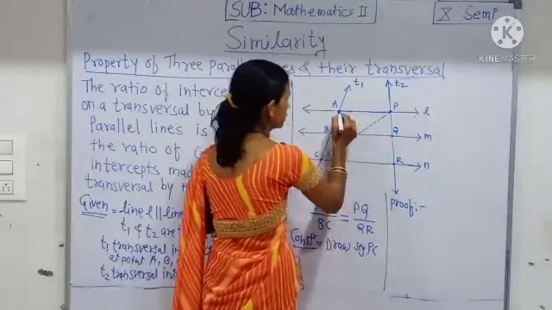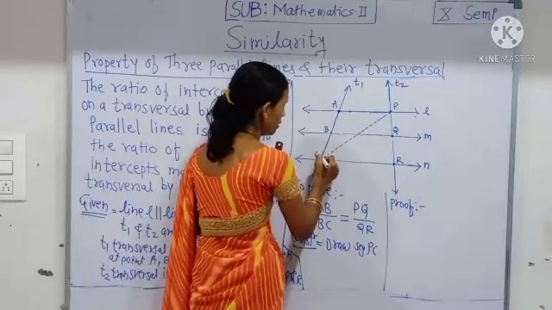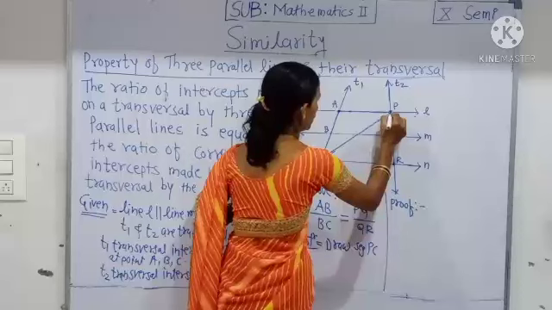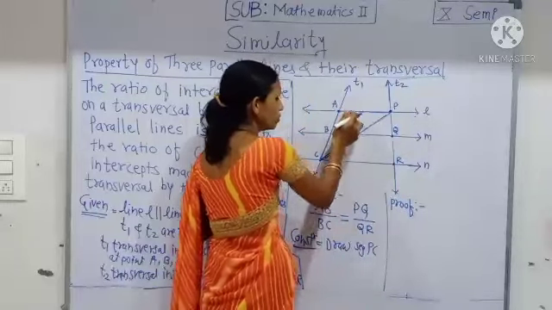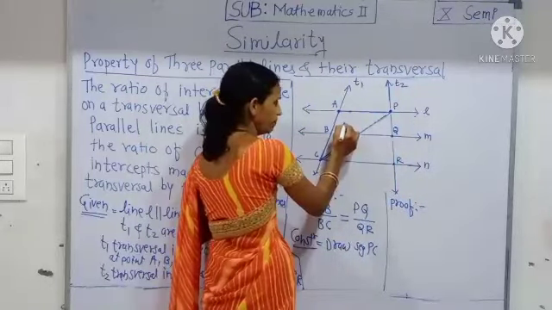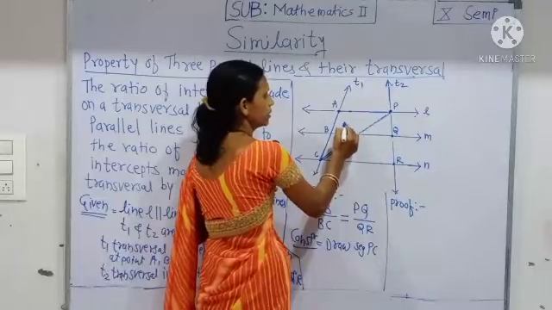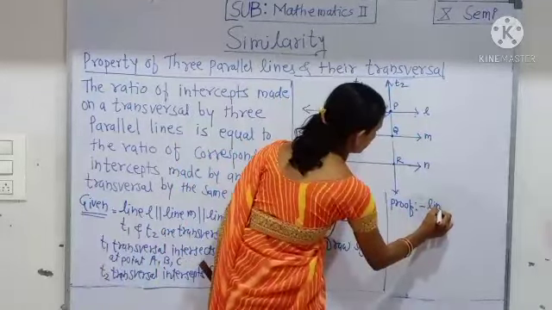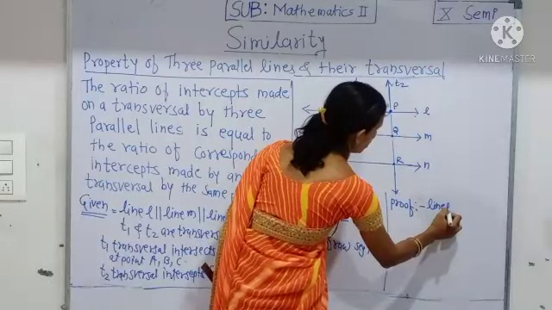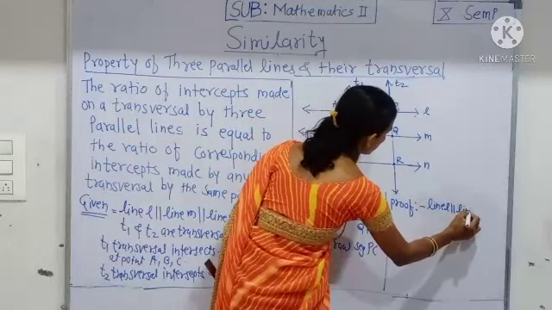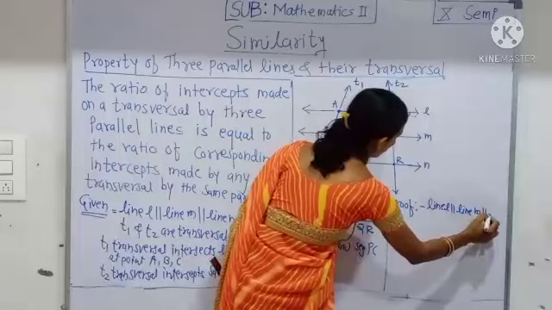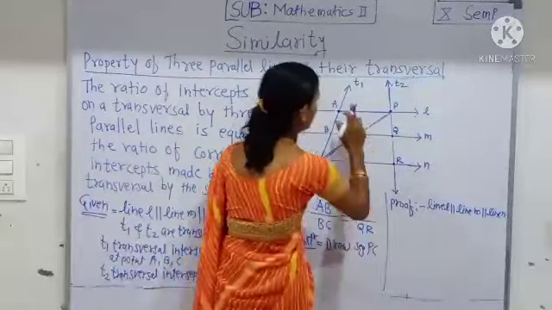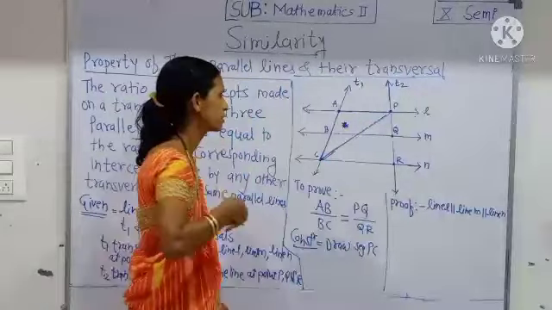See here, triangle ACP. Focus only on this triangle. Line L is parallel to line M, parallel to line N, and T1, T2 are the transversals.